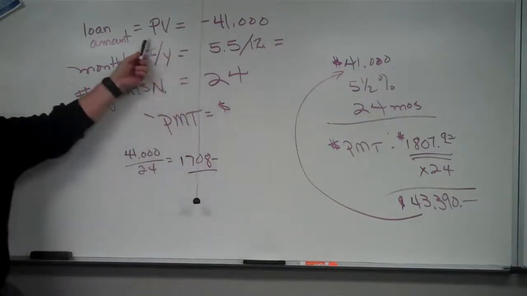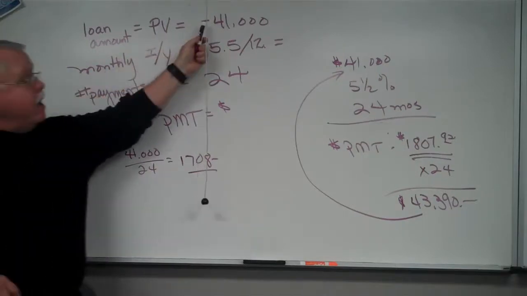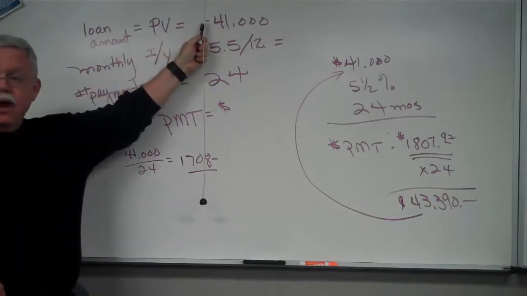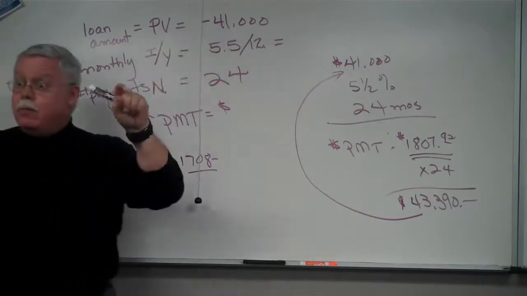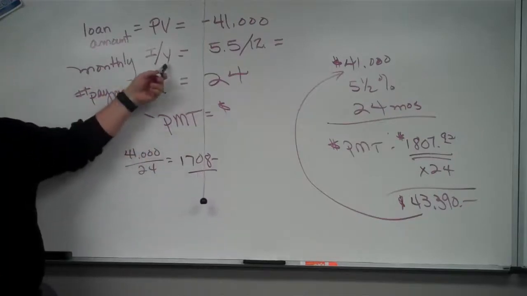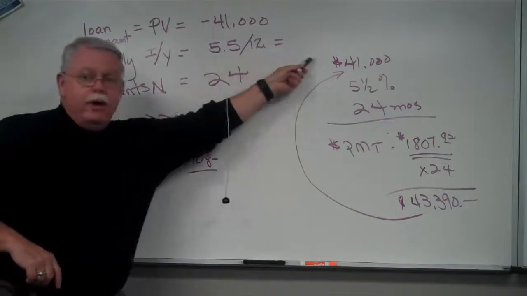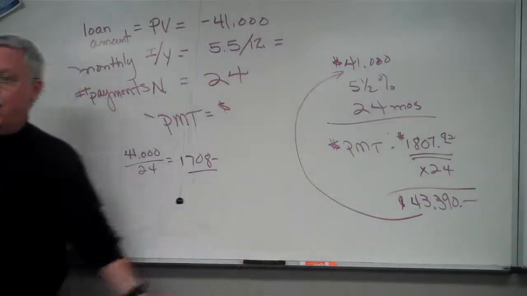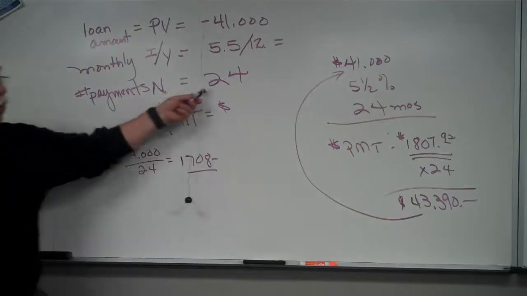That's the calculation over here. The amount I'm going to borrow is the present value, and I want to make it a negative number. Negative 41,000, press PV. Before you do anything, you clear the memory registers. Remember that? Clear TVM. I'm doing monthly payments, so I take the annual rate divided by 12 equals, and whatever number is displayed, I press IY. I'm going to make 24 payments.